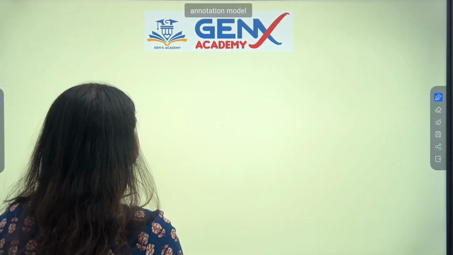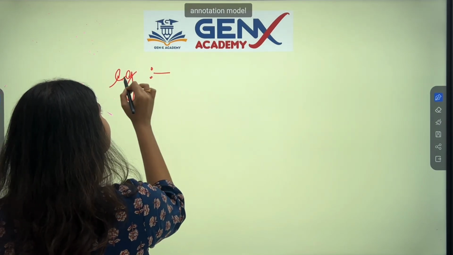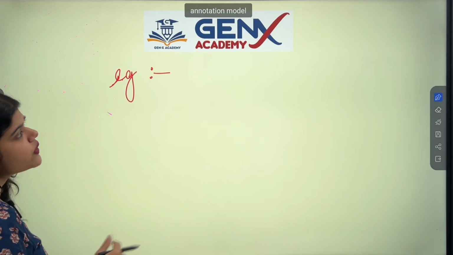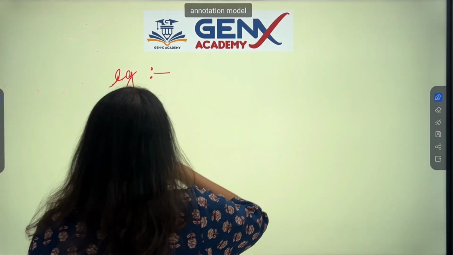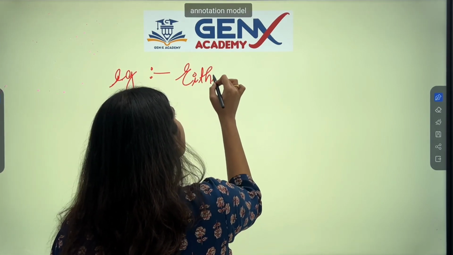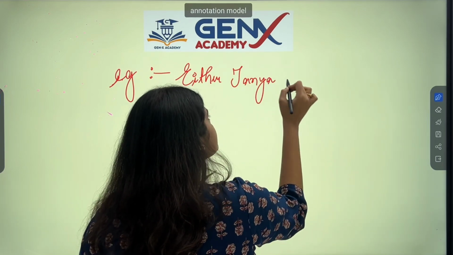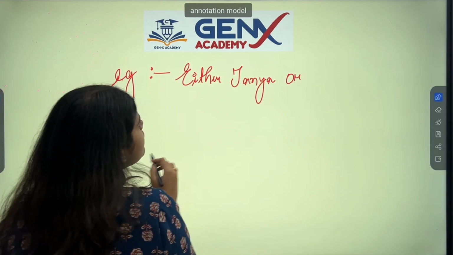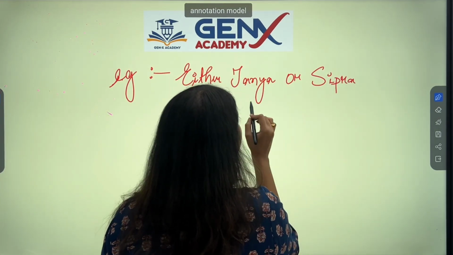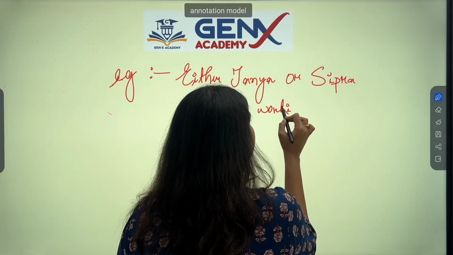Let's see the examples. Usually when the verb follows a particular subject, like in this case the second subject, the verb will be singular in nature. For example, if we say either Tanya or Shipra is working.